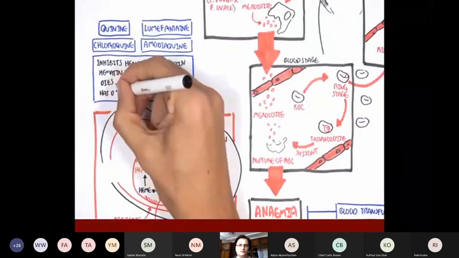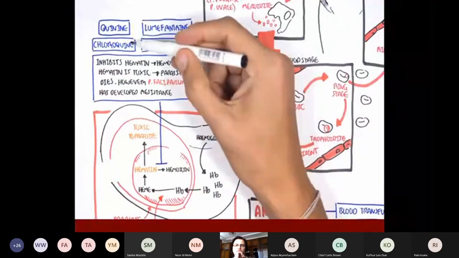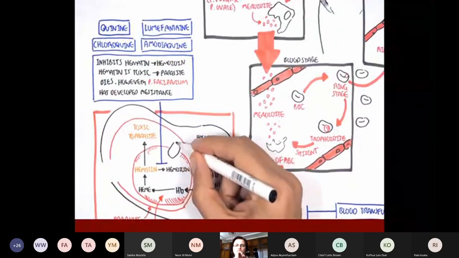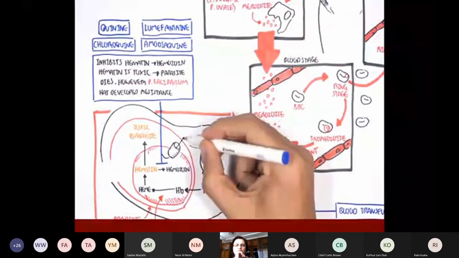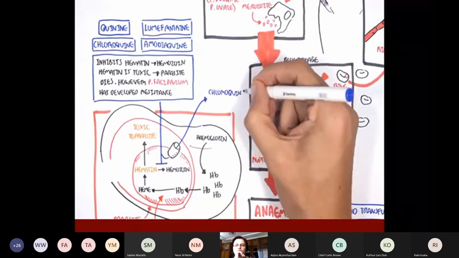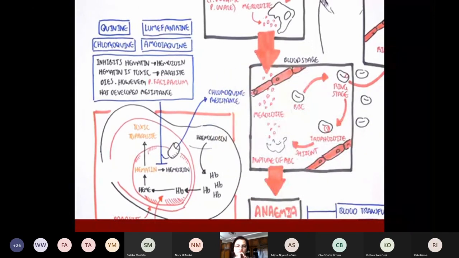However, there is a particular strain of the parasite, Plasmodium falciparum, that has been able to develop resistance against chloroquine. See, what happens is that the parasite has been able to develop a pump. This pump pumps out the drug from the vacuole so that the chloroquine has no effect and the hematin can be successfully converted to hemozoin by the parasite.